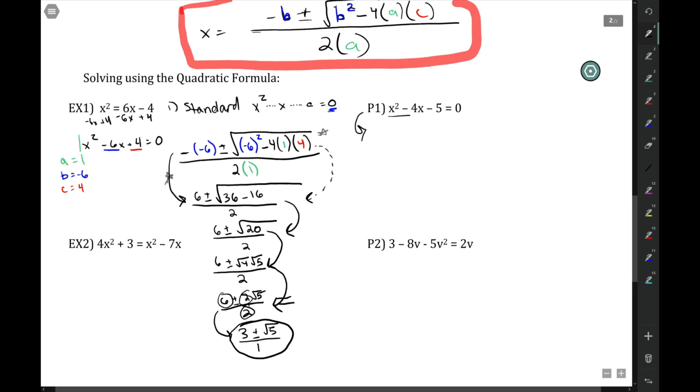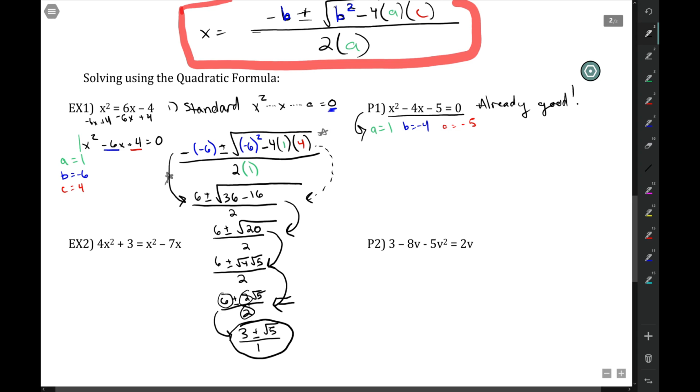It's already in standard form. Already good to go. Why? Because it's set equal to 0. It's already good. But do identify your a, b's, and c's. A is 1. B is -4. C is -5. We're going to want to substitute into the formula.